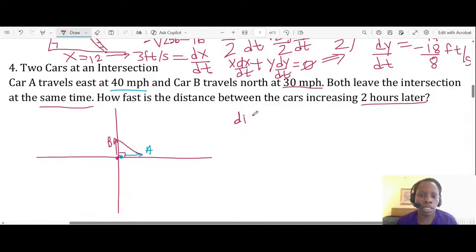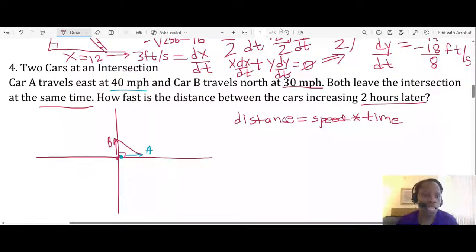Remember, distance is speed times the time. So that's going to help you there.